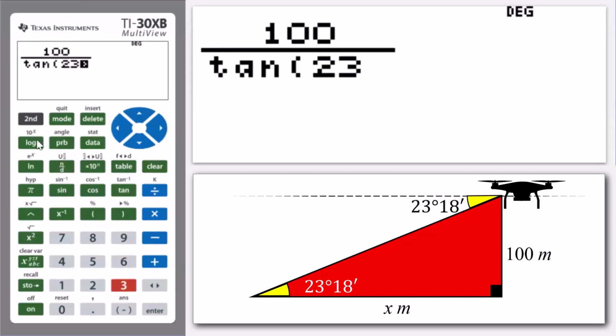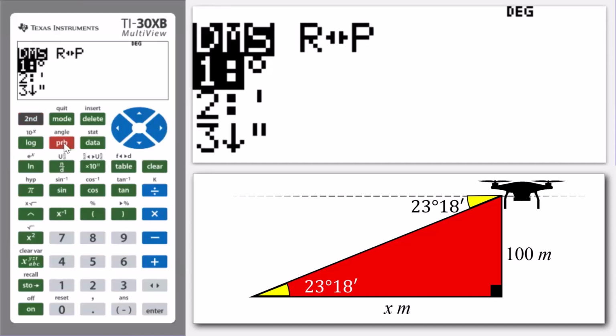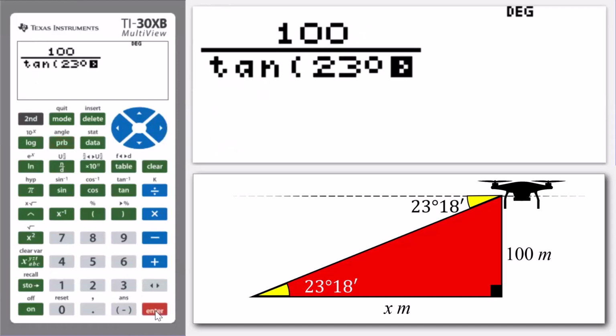We now press second PRB, PRB being short for probability, and that takes us to our angle menu. And you can see there that the DMS stands for degrees, minutes, seconds, and number 1, we see the degrees symbol. So if we now press enter or 1, that will paste the degree symbol next to 23.